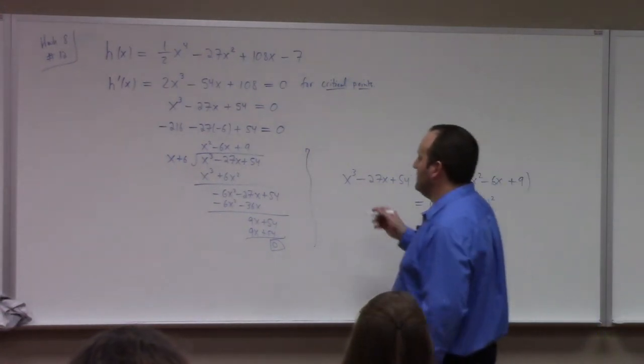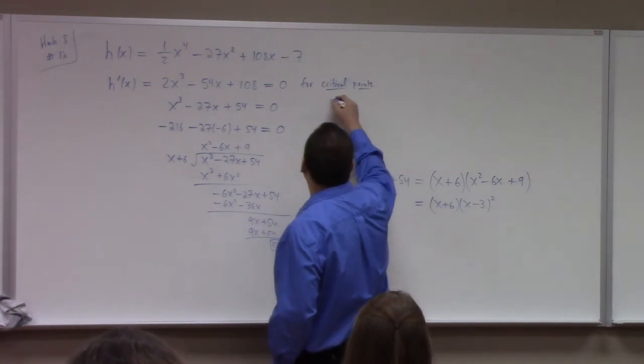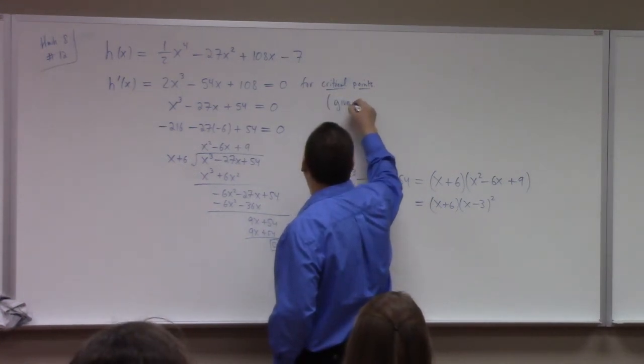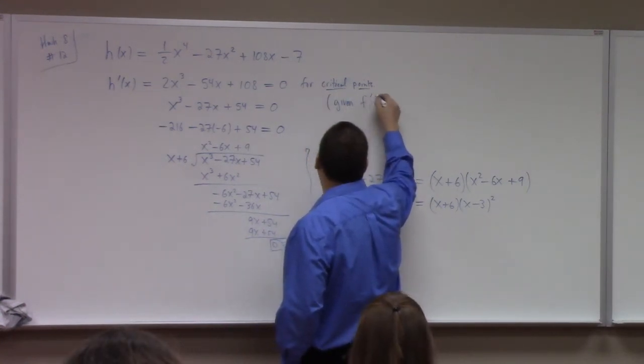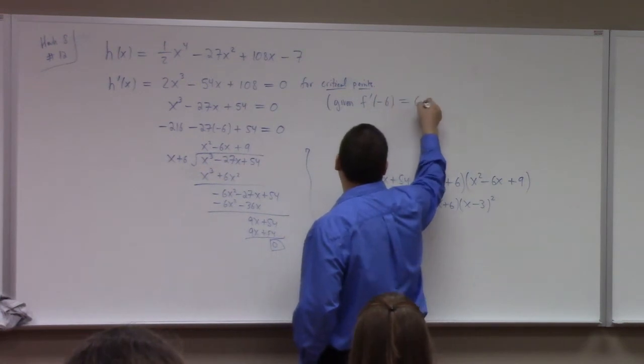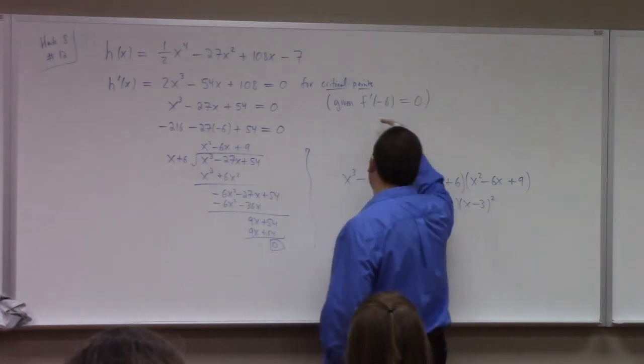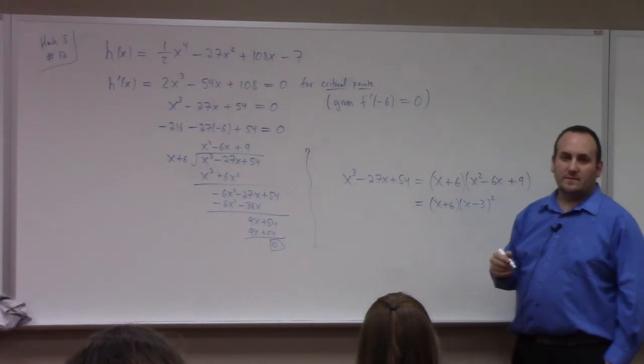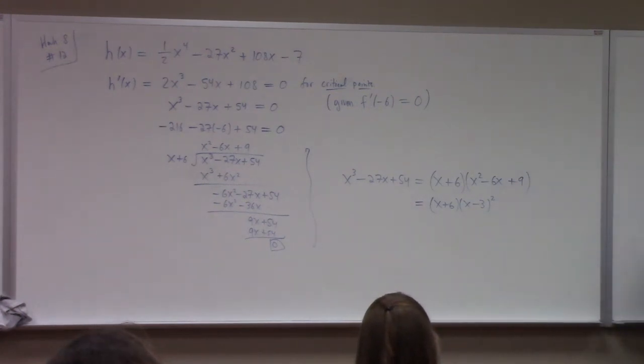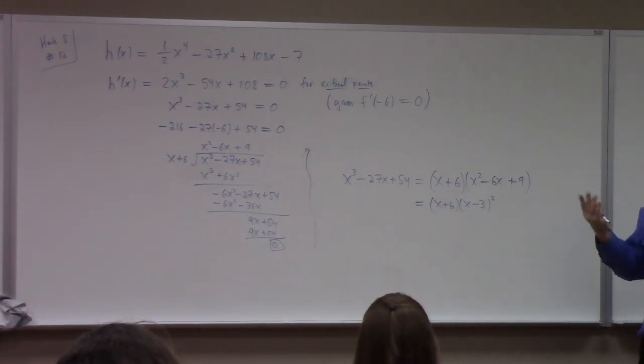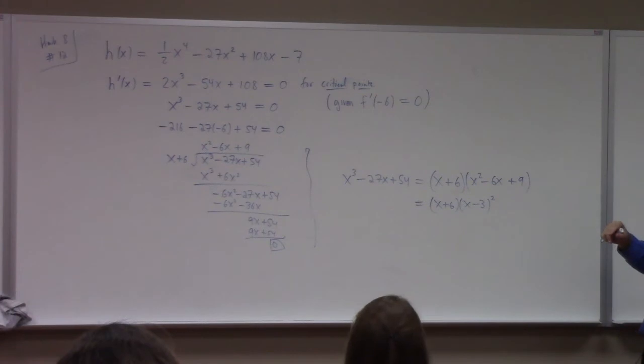See, if I just told you that f prime of minus 6 was equal to 0, then all of a sudden it becomes not so bad, because then you know that you can pull out the x plus 6 factor and you have hope to do the algebra. This would still be a challenge problem, even in that context, though, because just the factoring of the cubic is nasty, right? The algebra here is a little bit hard.